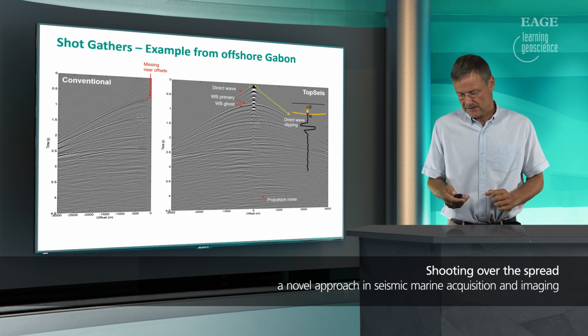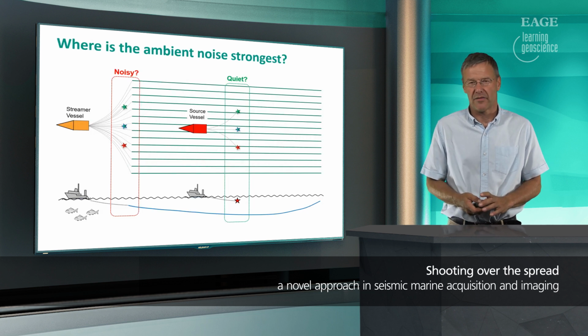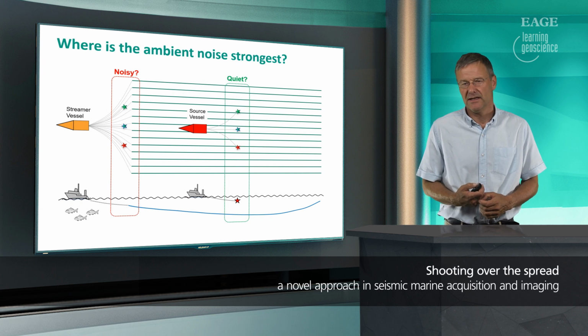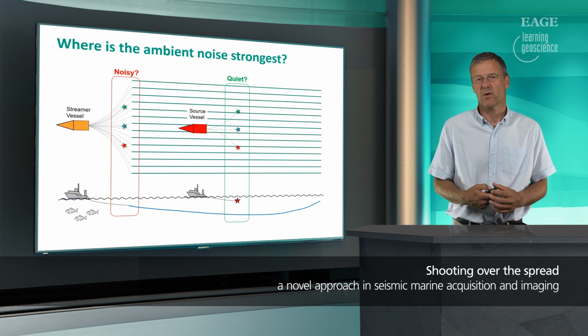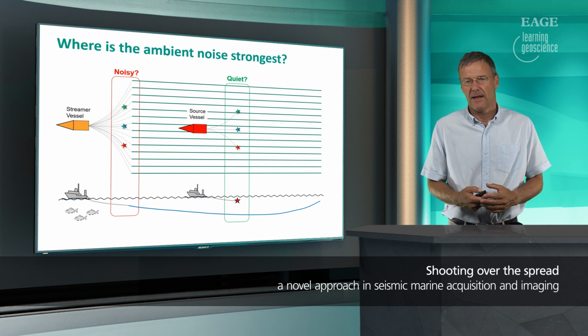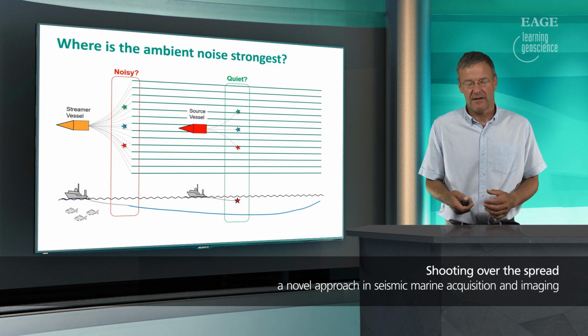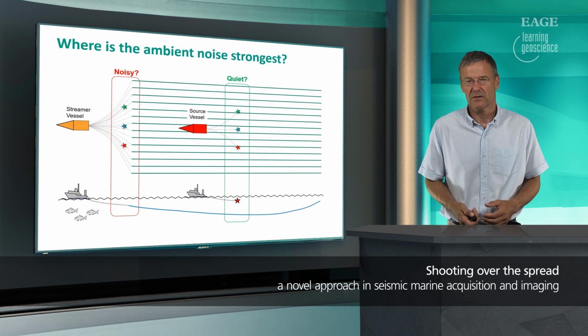Another aspect of TopSeis I'd like to describe is the noise level, because noise is a problem in all seismic acquisition, including conventional marine seismic acquisition and TopSeis. So we have the question here: where is the ambient noise strongest?